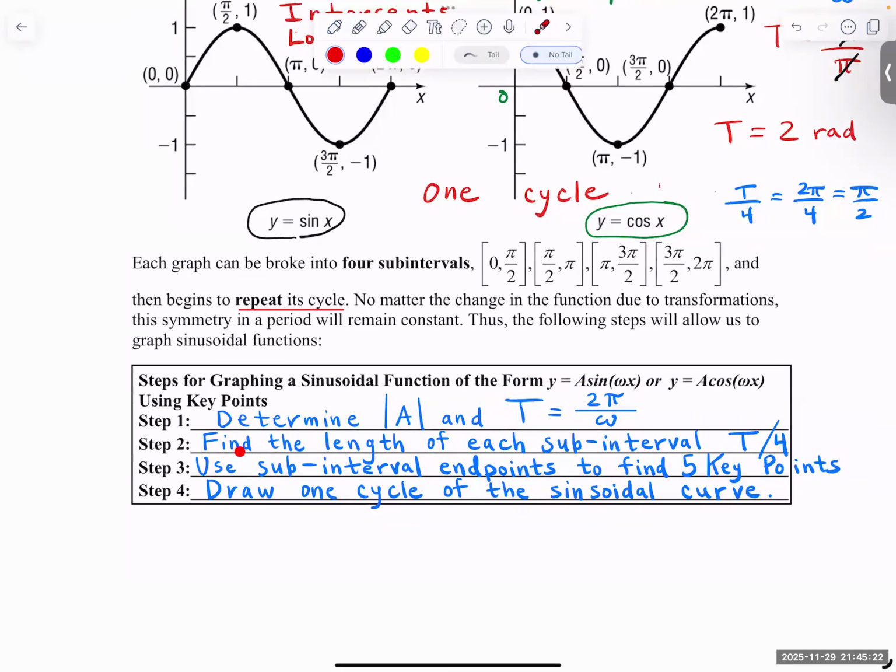Step 2, find the length of each of the 4 subintervals, which is the period T, which you find in the step above, and then divide that by 4. Step 3, use subinterval endpoints to find 5 key points. Step 4, draw one cycle of the sinusoidal curve.